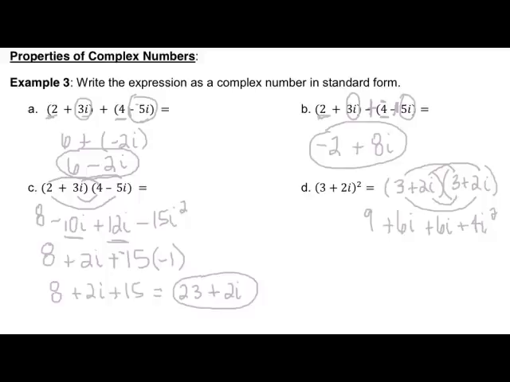And again, combine like terms to simplify. So 9 plus 6i and 6i is 12i. 4 times, we know that i squared is negative 1. So this is 9 plus a negative 4, which is 5 plus 12i. So our final answer is 5 plus 12i.